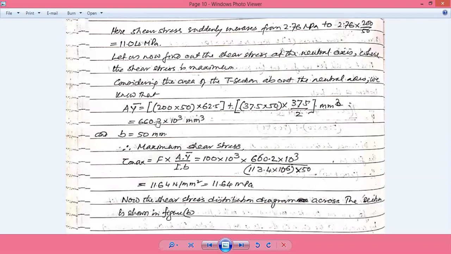Now find the shear stress at the neutral axis, where the shear stress is supposed to be maximum. Consider the web portion of the section, so consider the area of the T section above the neutral axis.